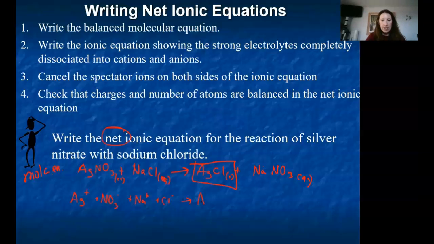What's in the box stays together. This comes apart, Na plus, NO3 minus. Now everything is AQ except for the solid. This is called our complete ionic.